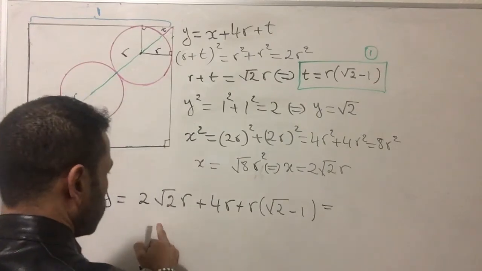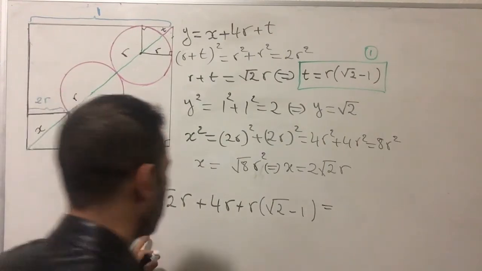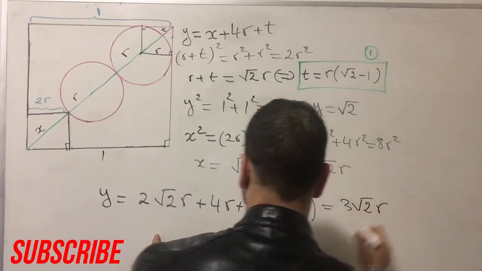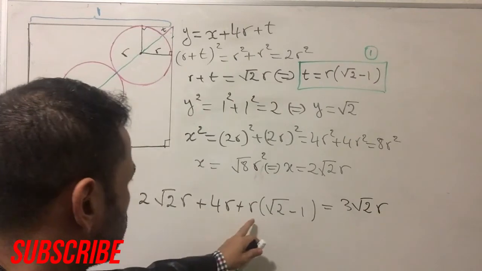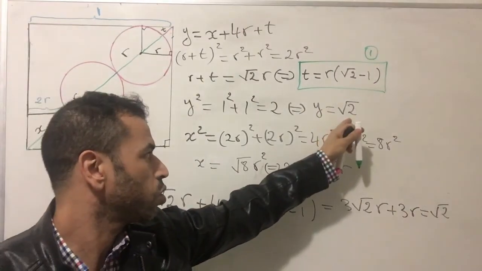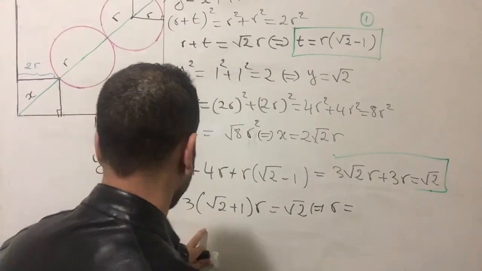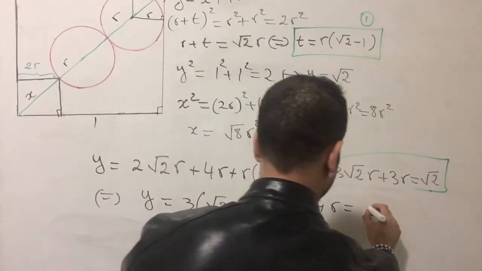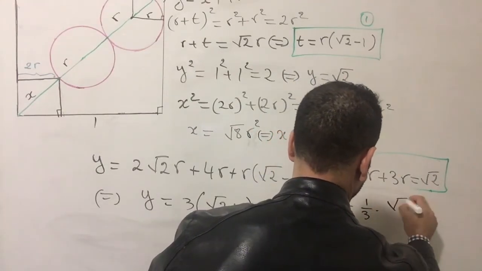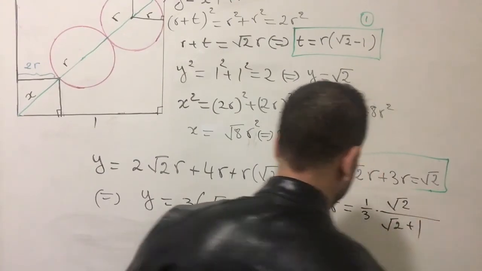We have 2 square root of 2 r plus r square root of 2, so we have 3 square root of 2 r, plus 4r minus r, equals square root of 2. So r equals 1 over 3 multiplied by square root of 2 over square root of 2 plus 1.